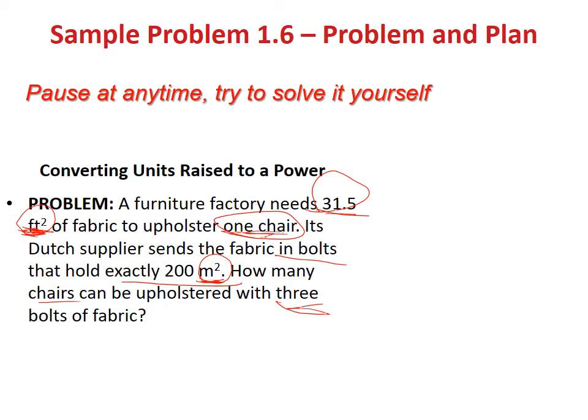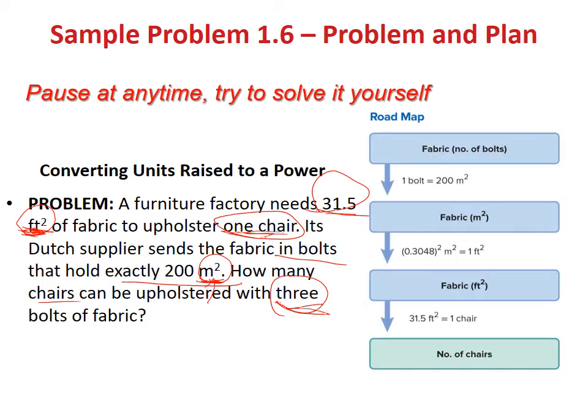But we also need to calculate for 3 bolts how much area in meters. And so here is a possible plan. We have 3 bolts, each of them has 200 square meters, so we could calculate the total area in meters. That's the first step. Okay, and then square meters must be changed to square feet. From square feet, then calculate chairs.